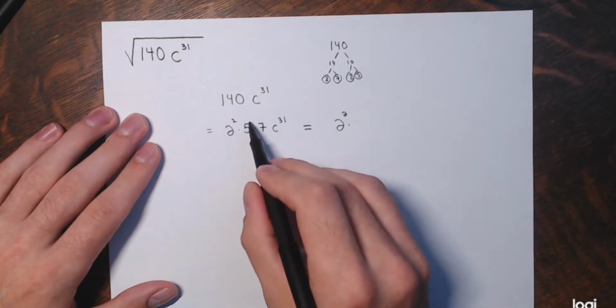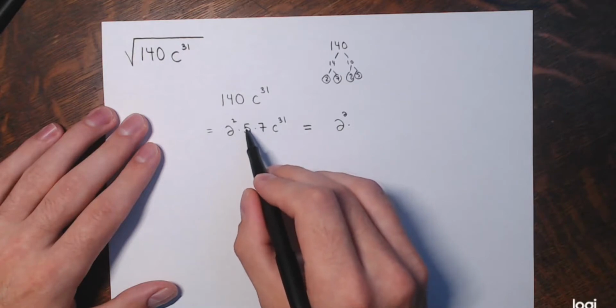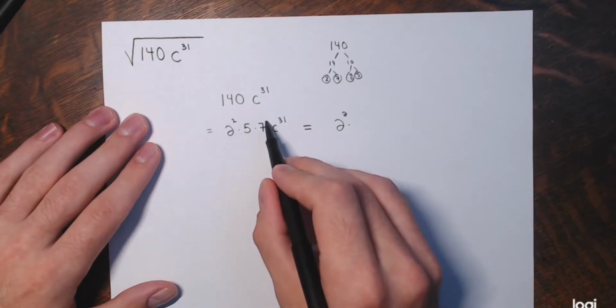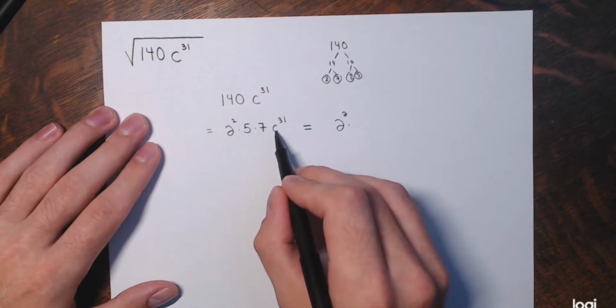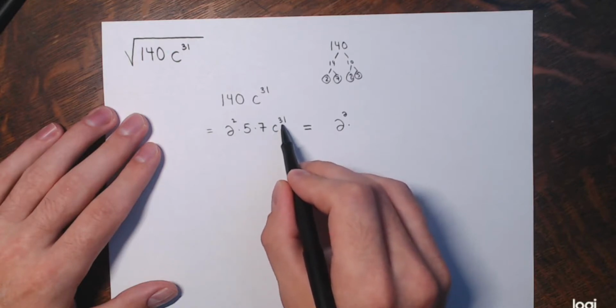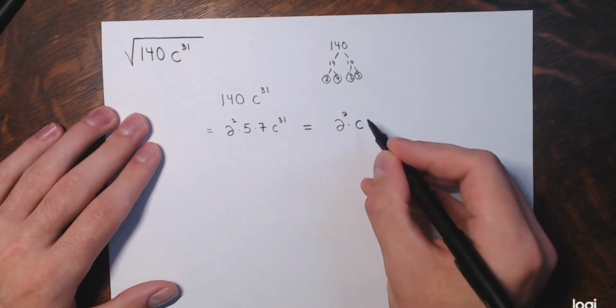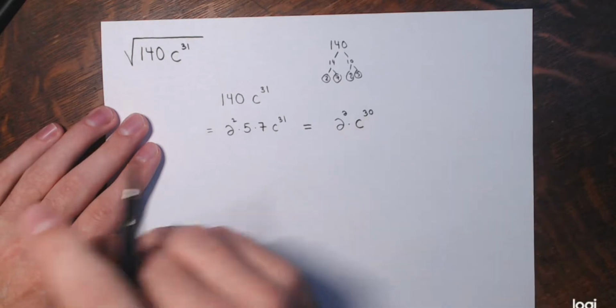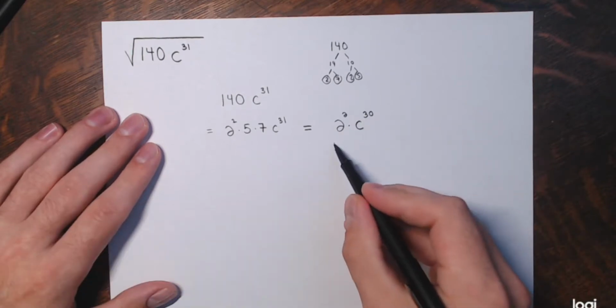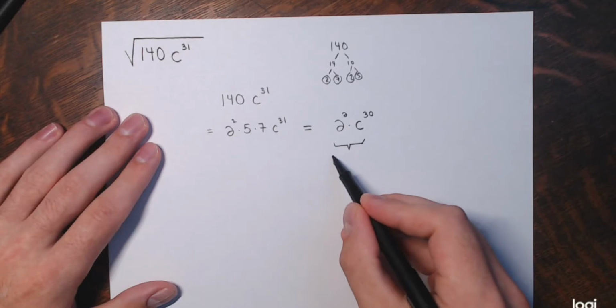Now 5 to the first, you're not getting a perfect square out of that. Same thing with 7 to the first, right? You're not getting a perfect square out of that either. C to the 31st, right? The largest perfect square that goes into that would be c to the 30th. Right. So here are the perfect squares.